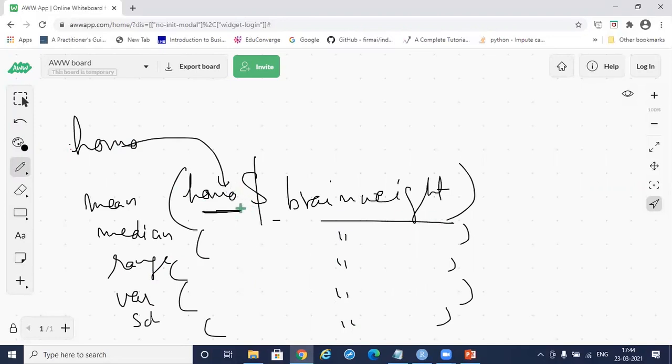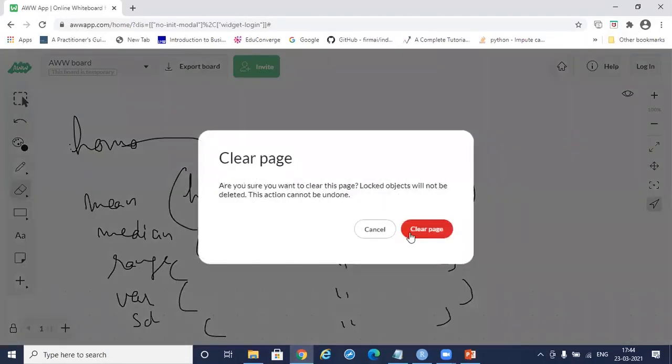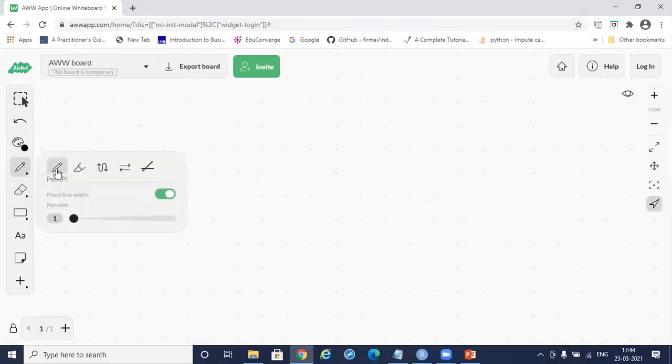Suppose here I'm having one of the data such as mtcars. Inside the mtcars, we are having certain columns present there, weight, miles per gallon. So suppose I'm calling mtcars here.